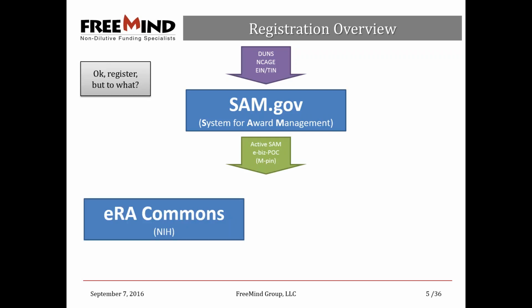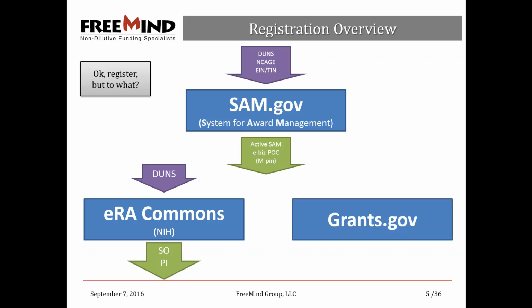In addition to that, I'll discuss the ERA Commons, which is the NIH's portal for submissions. You will need a DUNS number to be able to have an ERA Commons account, and once you're done with everything there, you will create an SO account, or a signing official, and a PI account, a principal investigator. In addition to that, we'll also discuss Grants.gov.